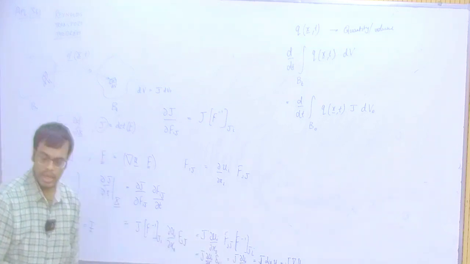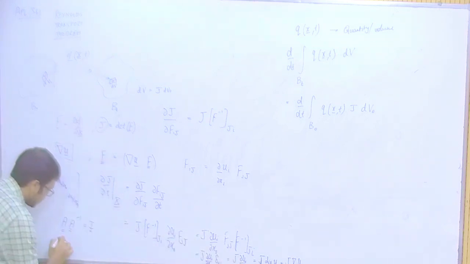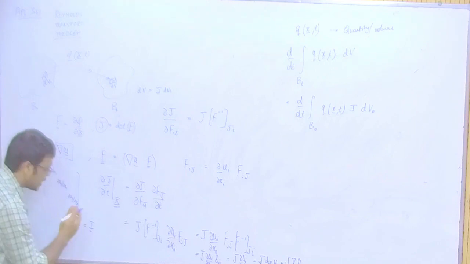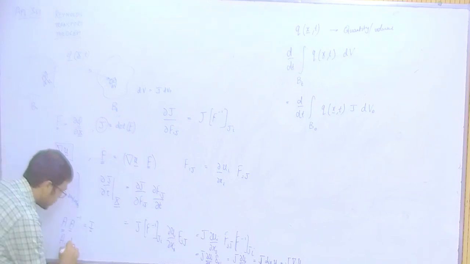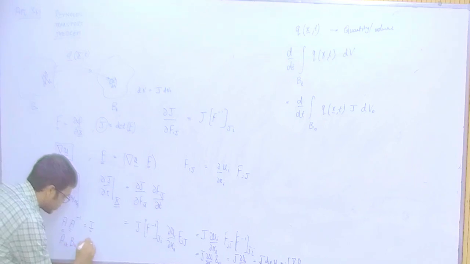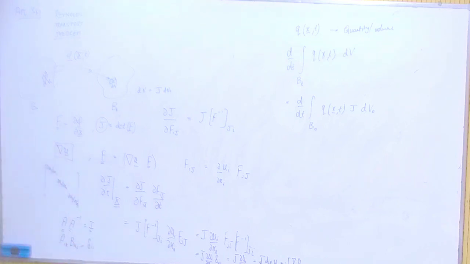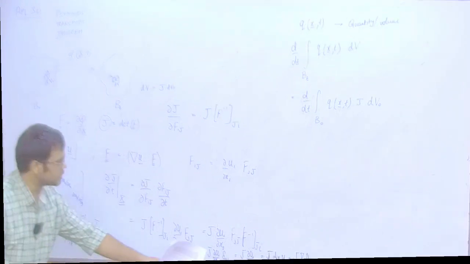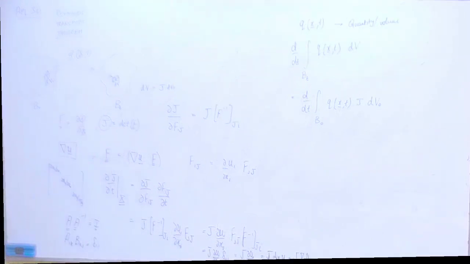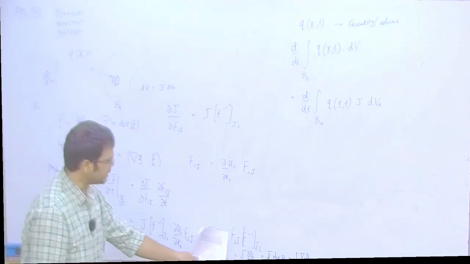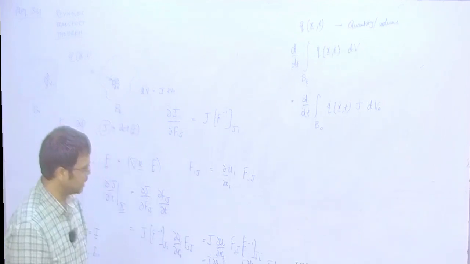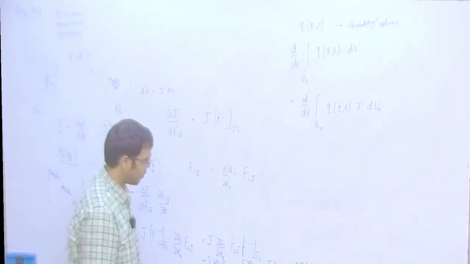So you are going to write this as A i k, and let us say A inverse is some matrix B k j, that is going to be delta i j. So I have written this here. Capital J is summed over. So this is what we get.